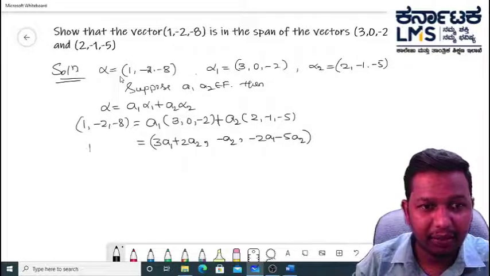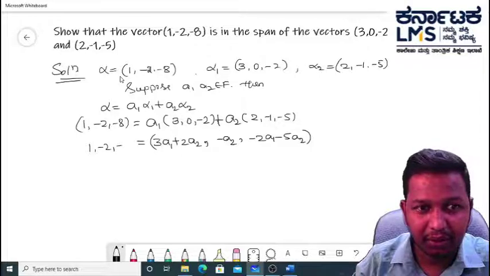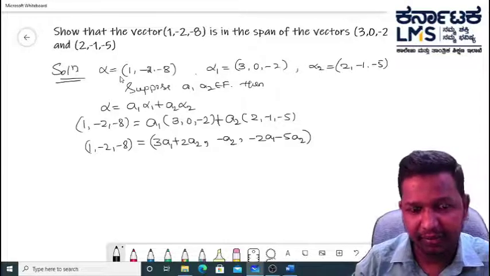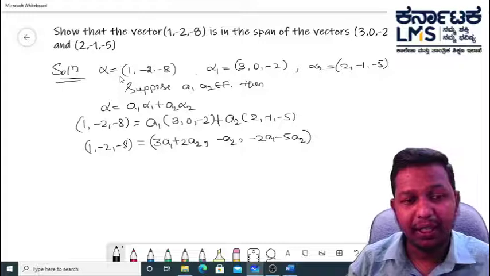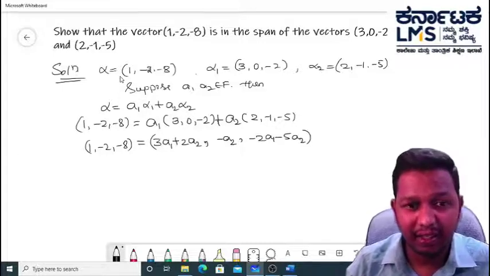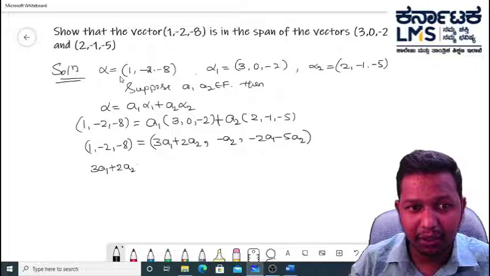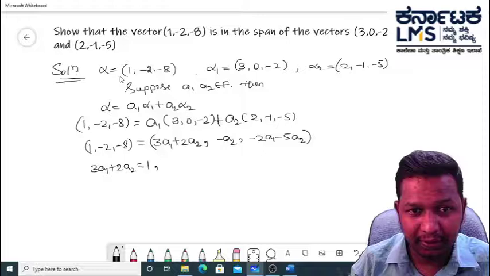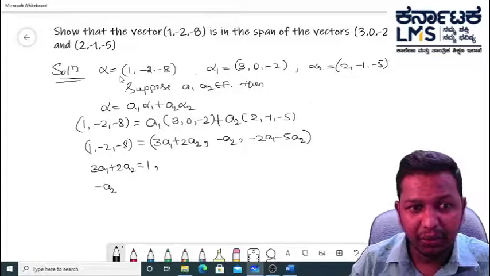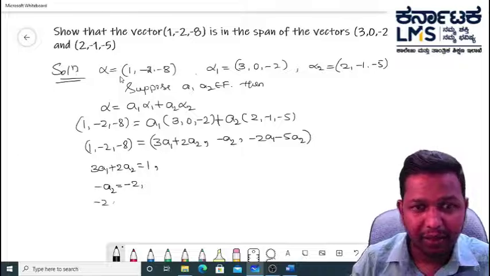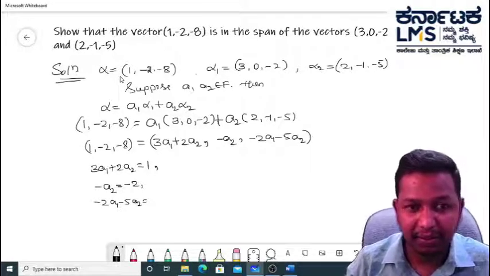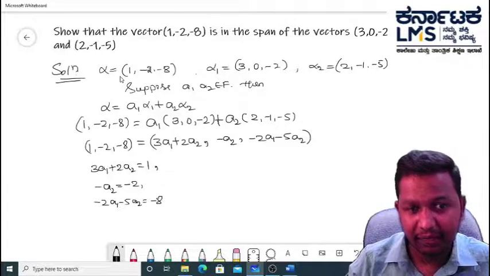On the left-hand side we have (1, -2, -8). So compare the LHS and RHS coordinate-wise. We have 3a1 plus 2a2 equals 1, minus a2 equals minus 2, and minus 2a1 minus 5a2 equals minus 8.